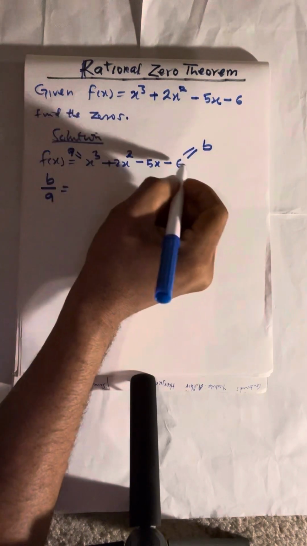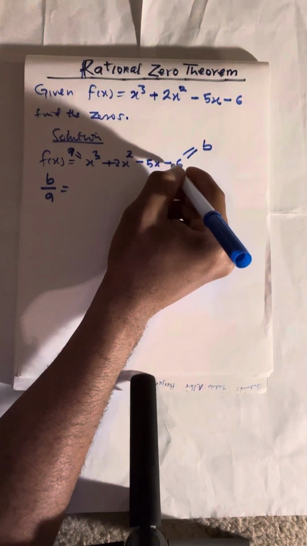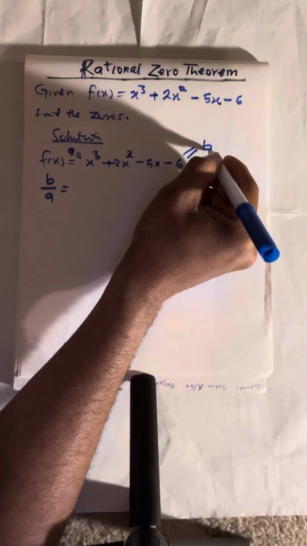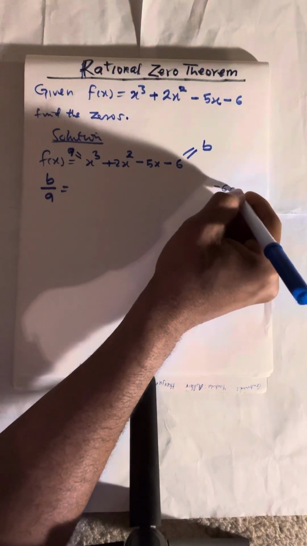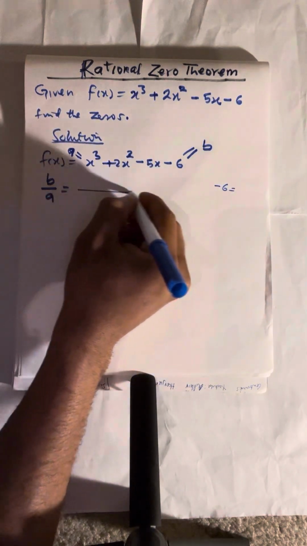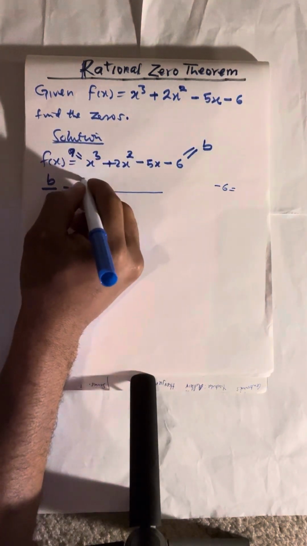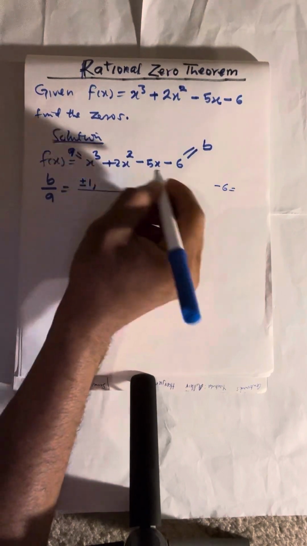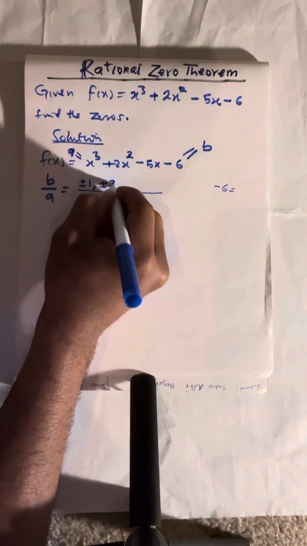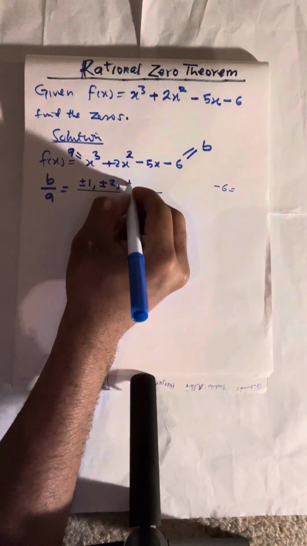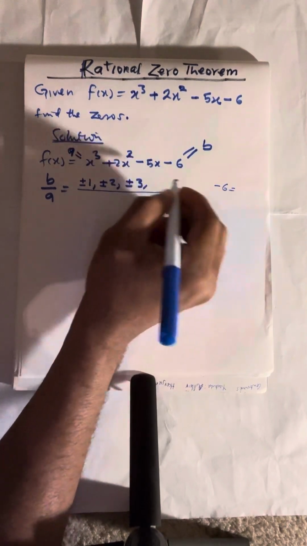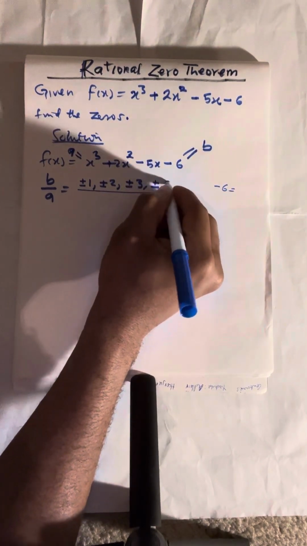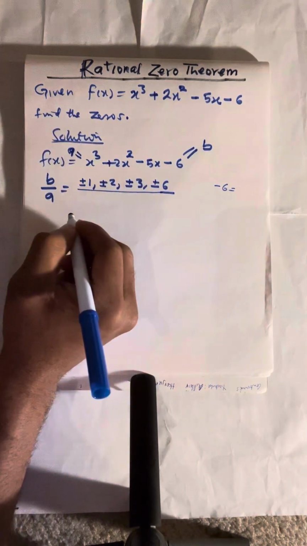What are the factors of minus 6, which I've associated with b? I will list them here at the top. It is plus or minus 1, plus or minus 2 is a factor, plus or minus 3 is a factor of 6, and plus or minus 6 itself is also a factor of 6.